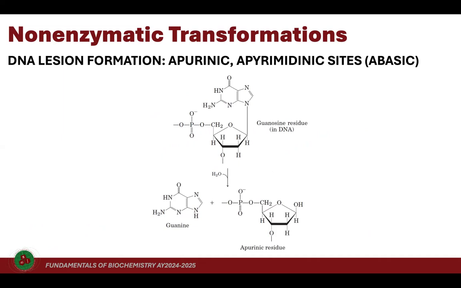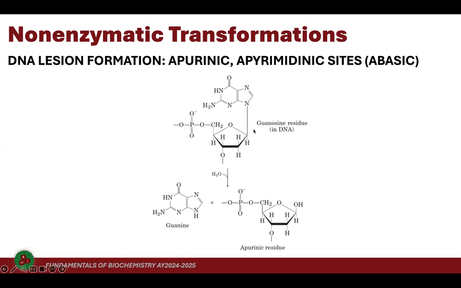But to be more specific, this lesion is brought about by nitrogenous bases that are removed from the nucleotide. So we can call it an apurinic site or an apyrimidinic site. So you don't have a purine or you don't have a pyrimidine at that specific site in your DNA molecule, or generally we can call it a basic site.